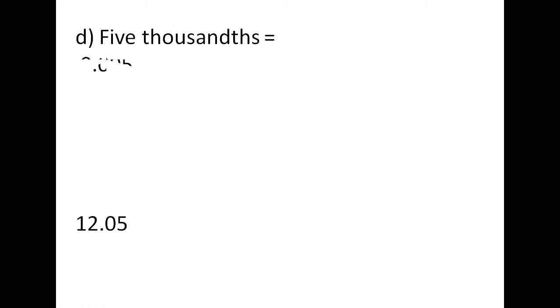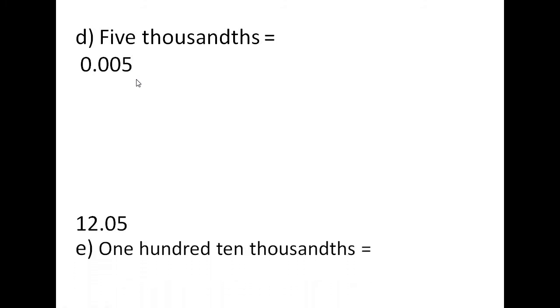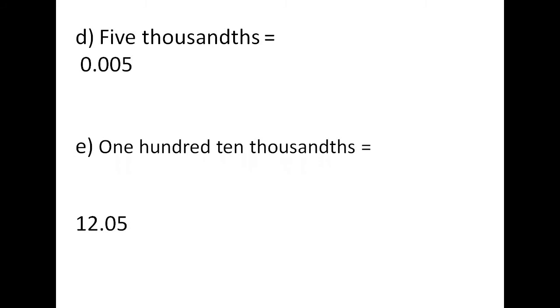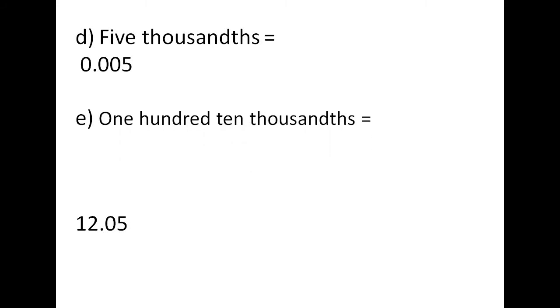So 0.005, and no whole number, so write 0. 0.005, which is also spelled as 5/1000. Next, 110/1000. So 0.110, 0 and 110. It is also read as 110/1000.